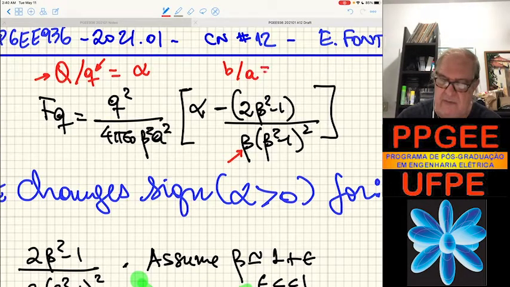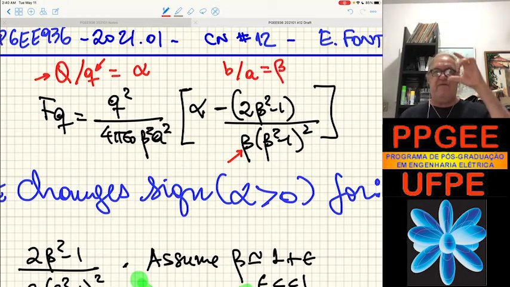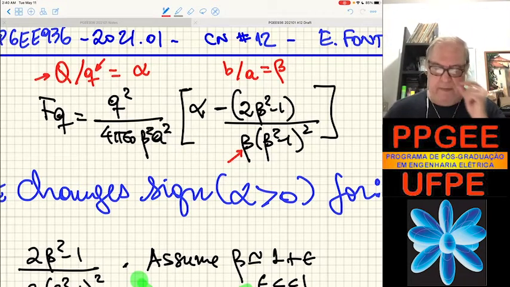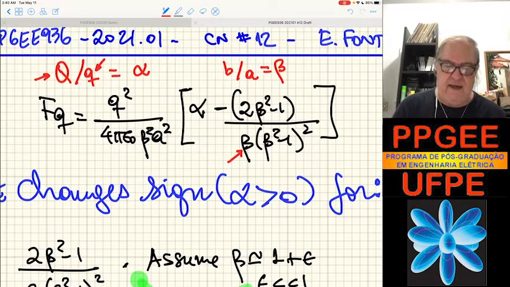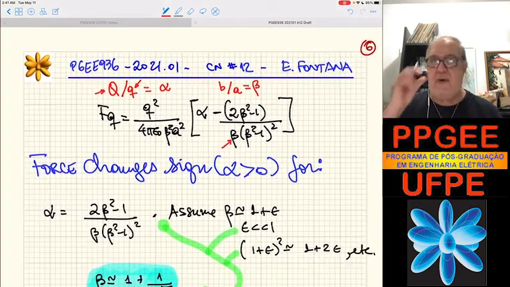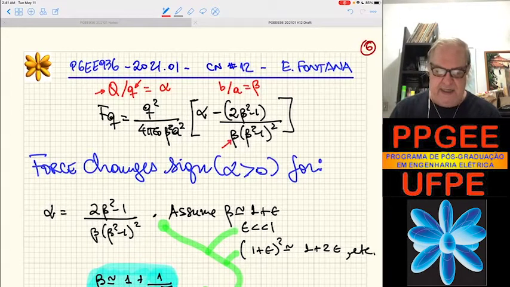So we're going to see the effect on the force as we approach or move the charge away from the sphere, and how the sign of the force depends on those two parameters. There's a point at which the force changes sign.